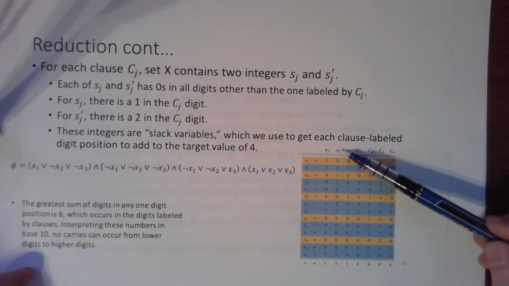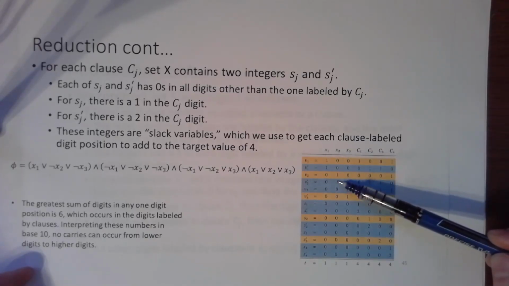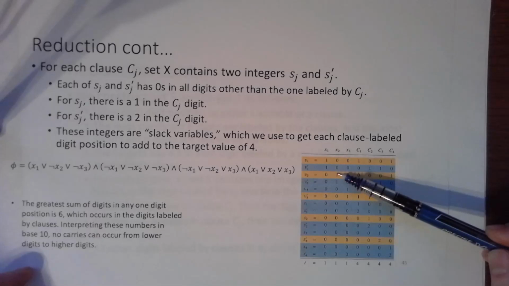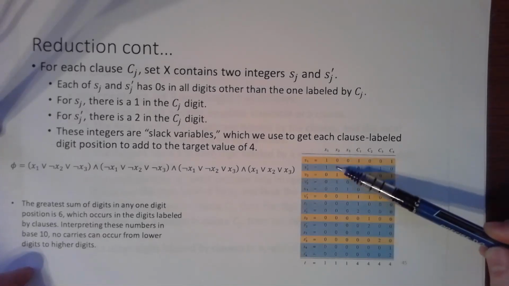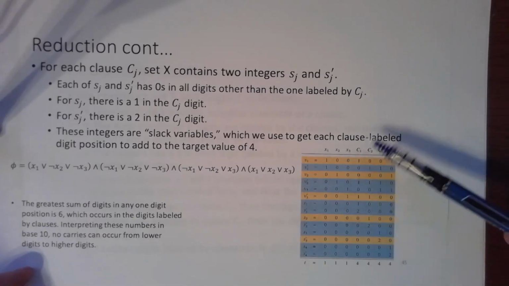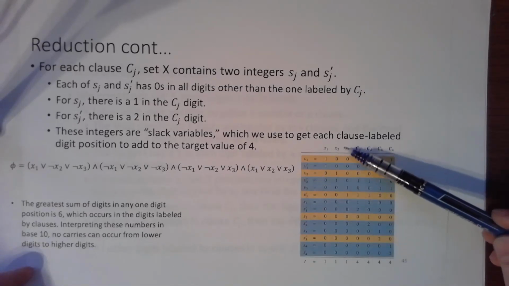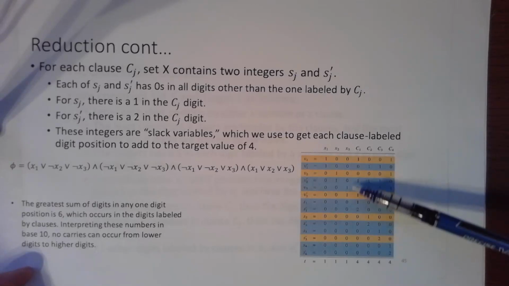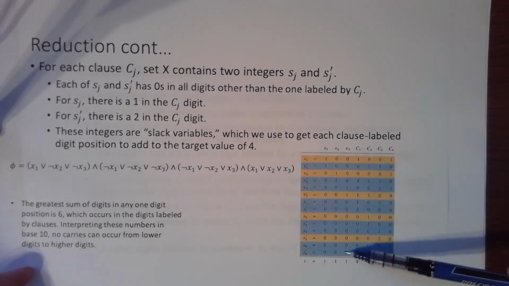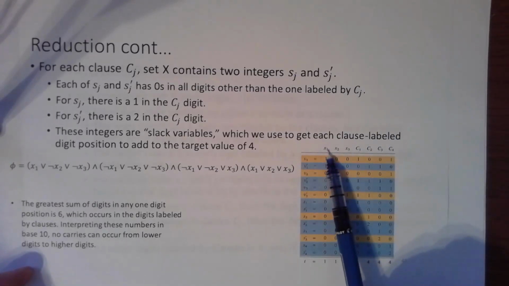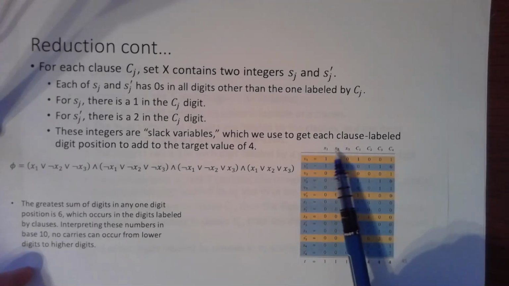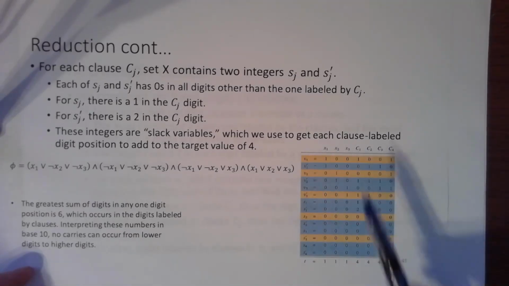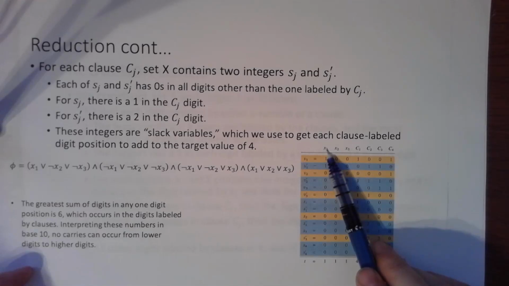Similar for x2. x2 has a 1 in the place value of the numbers for v2 and v2 prime, but nowhere else for the v's. And x3 only shows up in v3 and v3 prime. Everywhere else it's 0. So those are for the variables.